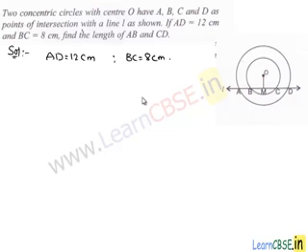From the property of a circle, if a perpendicular is dropped from center O to the chord BC, then the perpendicular is a bisector. That means the perpendicular divides the chord into two equal parts.